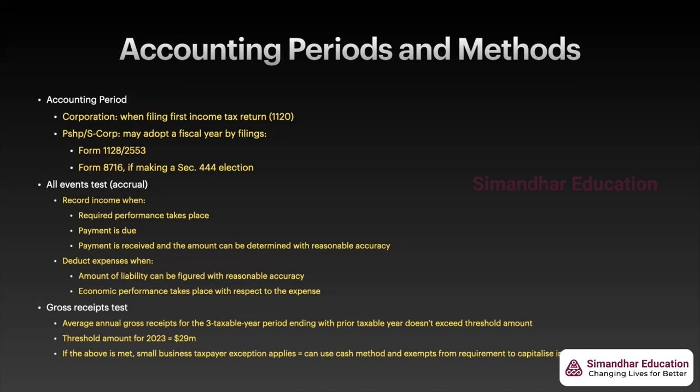It is based on the election that you make. If you have elected to file tax return based on a fiscal year, then your due date remains based on the end of your fiscal year. If you're filing based on a calendar year, then it remains different. That's one concept that you'll have to remember.